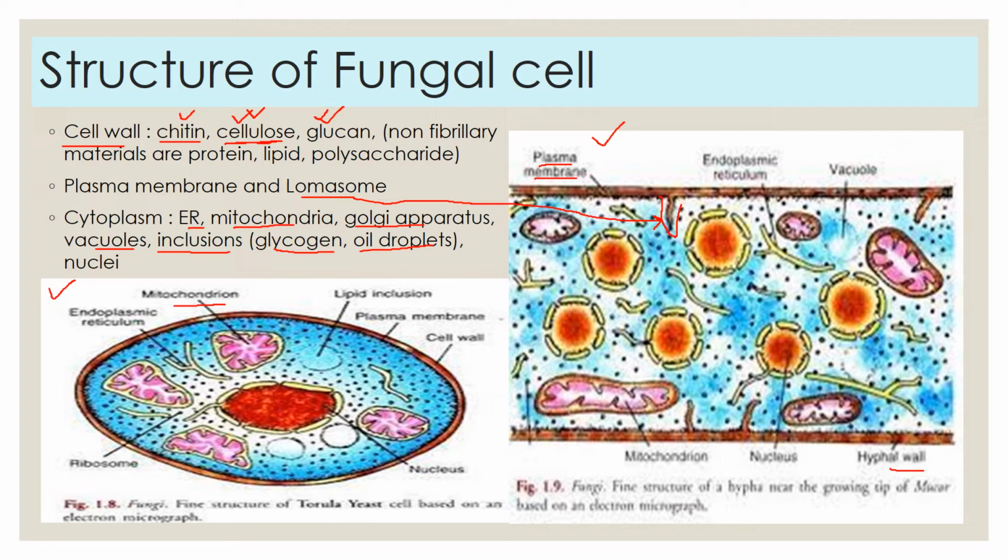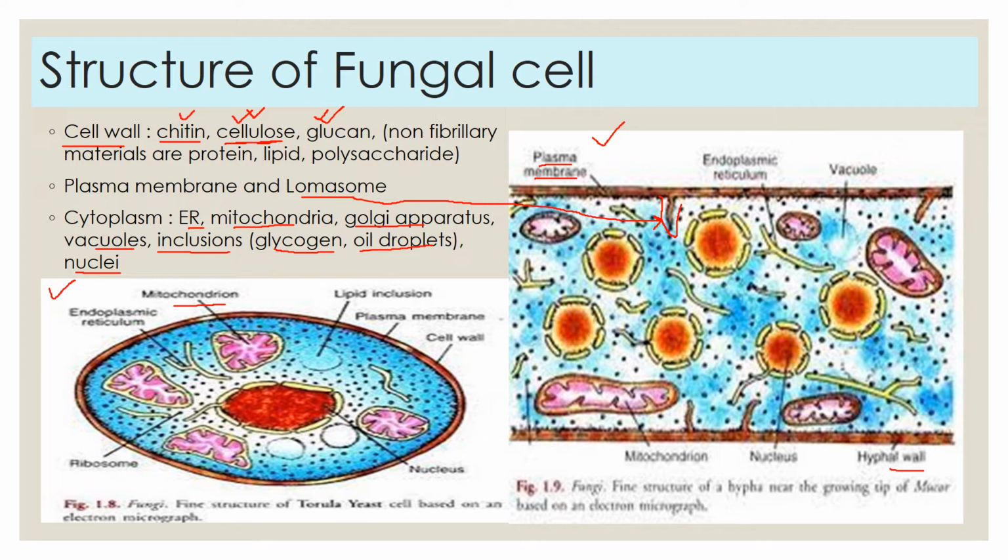It also has nuclei, and I should mention that when the nuclei of fungi divide, the division is not typical mitosis, but the nuclear membrane remains intact, especially when we see the hyphal form, and it is multinucleate.